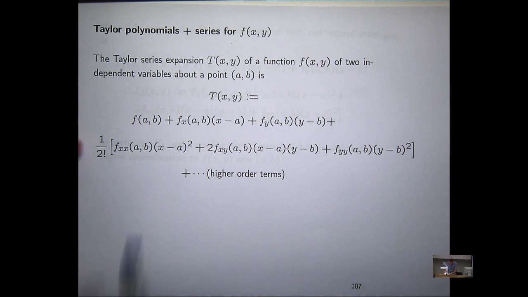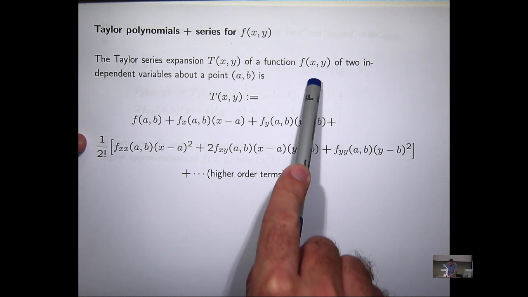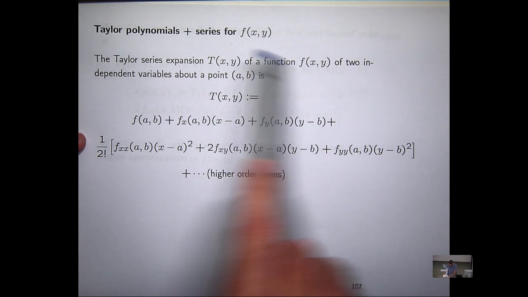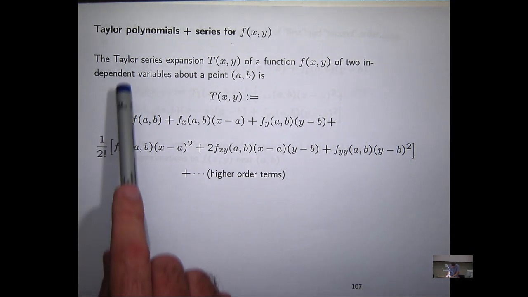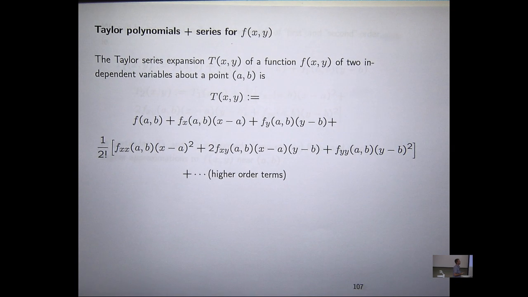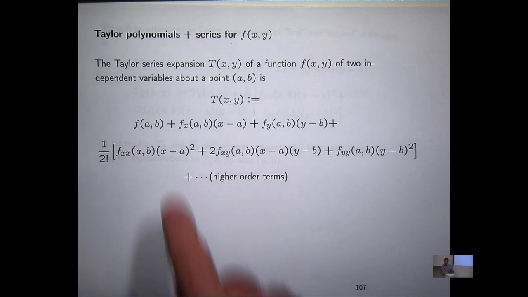Okay, so suppose I've got a function of two variables, f. I'm going to define the Taylor series expansion, denoted by this T, about the point (a, b). So think of (a, b) as some point in the domain of f, as the following.